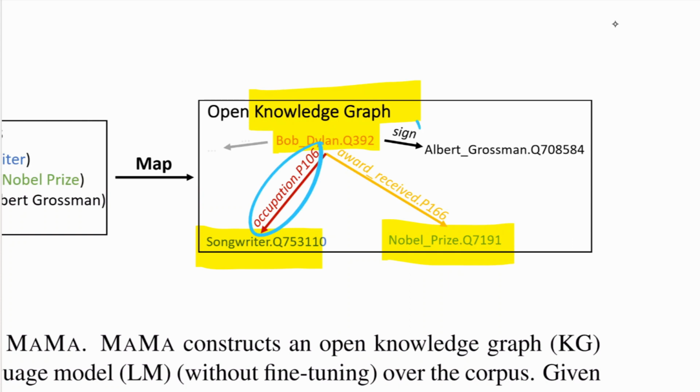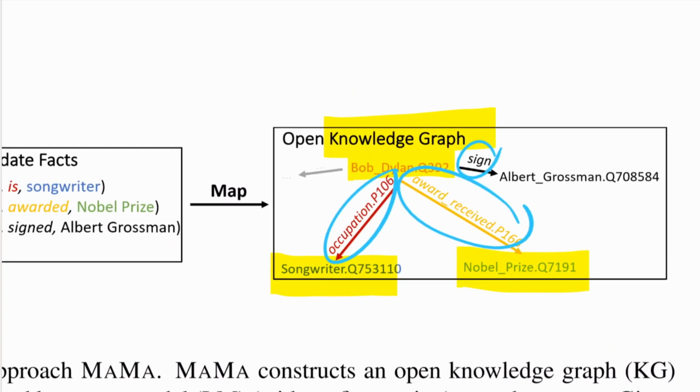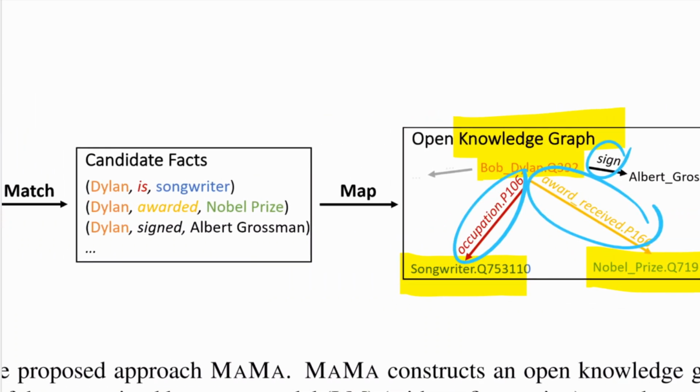Here, occupation, sign, award received, and so on. So the relations connect two entities. There's always what's called a head of a triple, so a head of a fact, which in this case is Bob Dylan three times. Then there is a tail, which is sort of like the object of the verb, and then there is the relation, which is described by the verb.